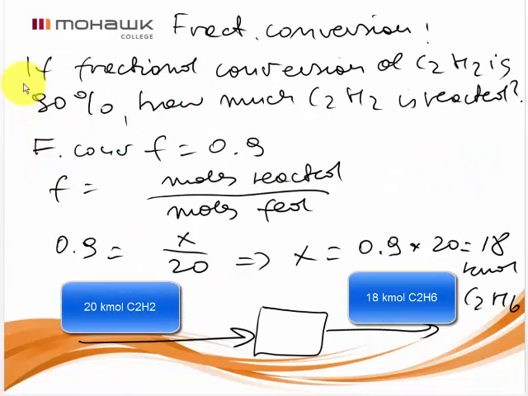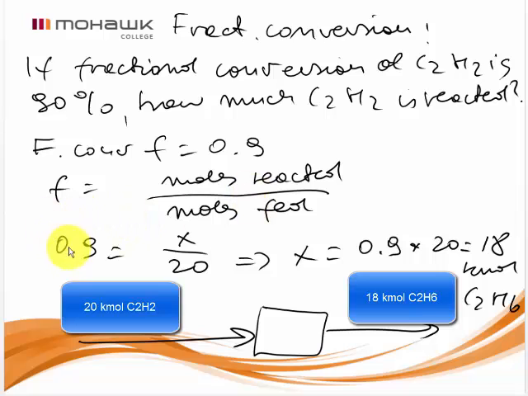Next question is, if the fractional conversion of C2H2 is equal to 90%, how much C2H2 is reacted? So the fractional conversion is given, which is 90%. Based on the definition, the fractional conversion F is the ratio of moles reacted divided by moles of the reactant fed into the reactor.